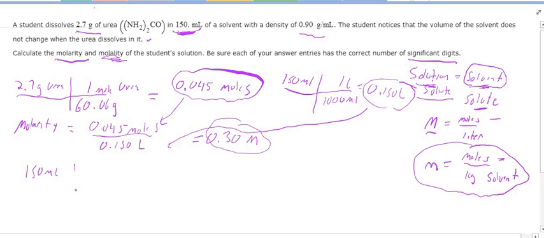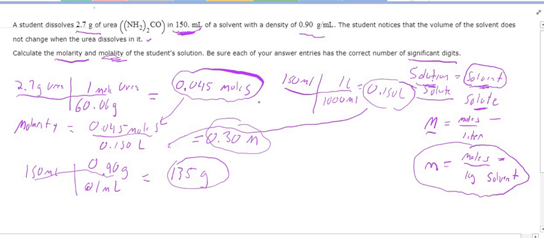That's what the problem tells me. And I know using the density, sorry about the crooked line, that in 1 milliliter there are 0.90 grams. So when I do that math, I calculate that there are 135 grams of the solution.